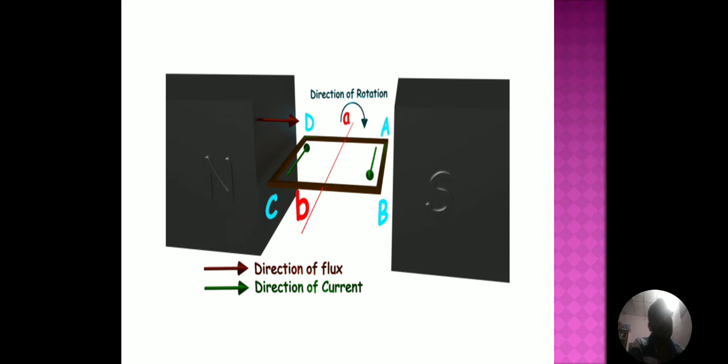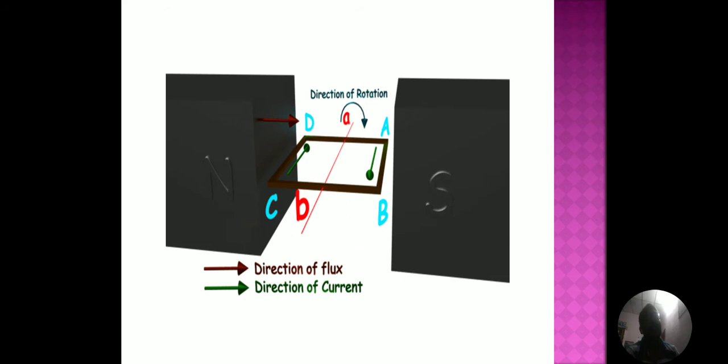In this figure, we can see the direction of flux, that is from north pole to south pole, and the direction of rotation of this rectangular frame shown by the arrow, and the direction of the induced current also.